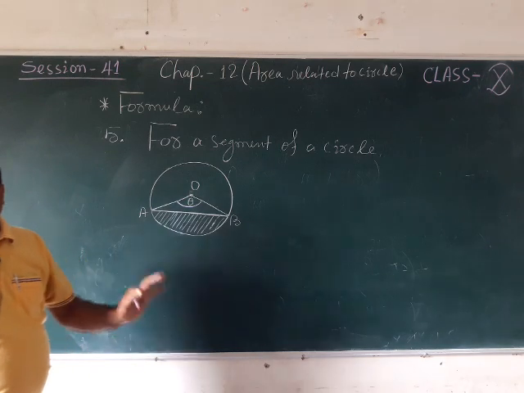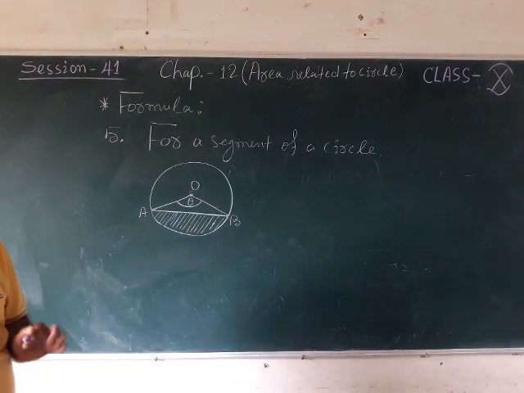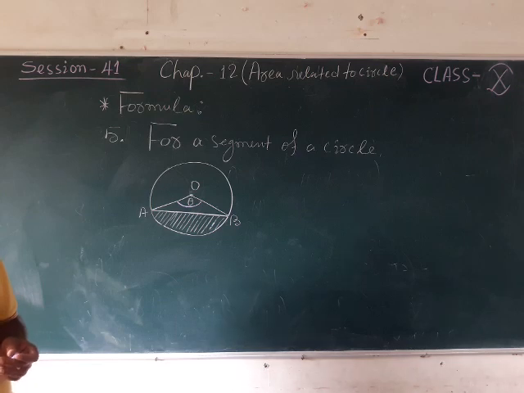So some angle should be there, then you can find its area. Now the area of this segment can be determined by using a formula.